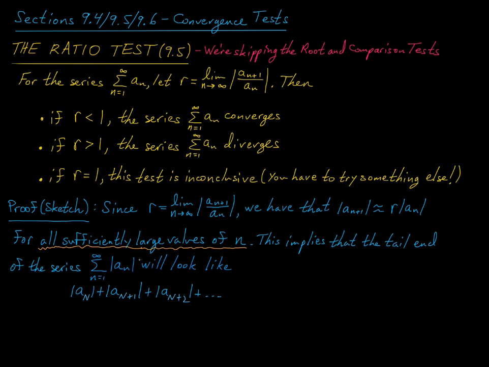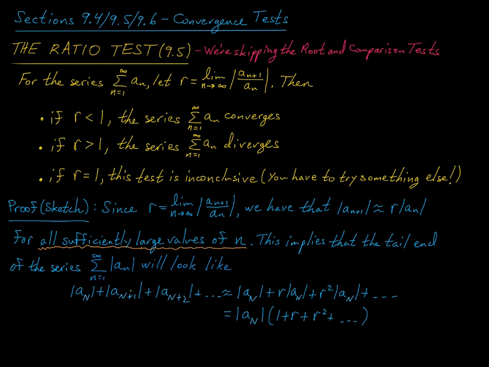So this implies that the tail end of the series of the absolute value of a sub n will look as follows. There's some index capital N such that for all terms a sub n, this relationship will hold for all terms either equal to capital N or past this index capital N. So looking at this tail end then says the following.